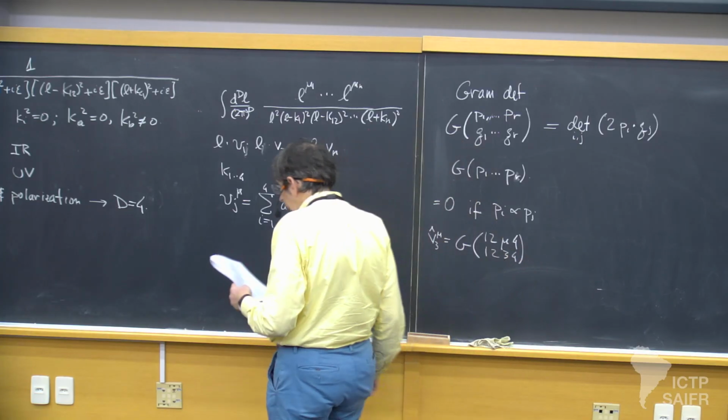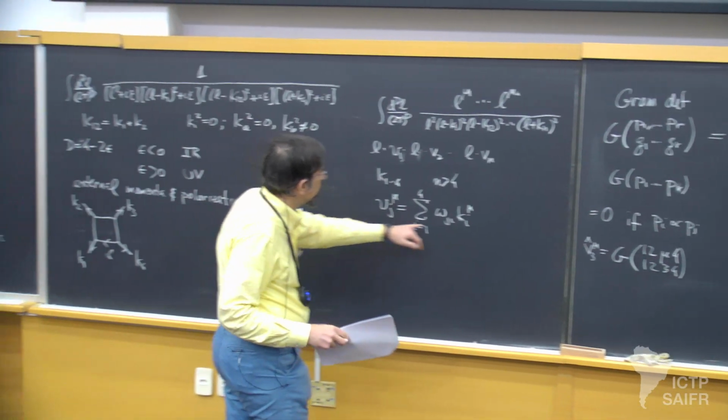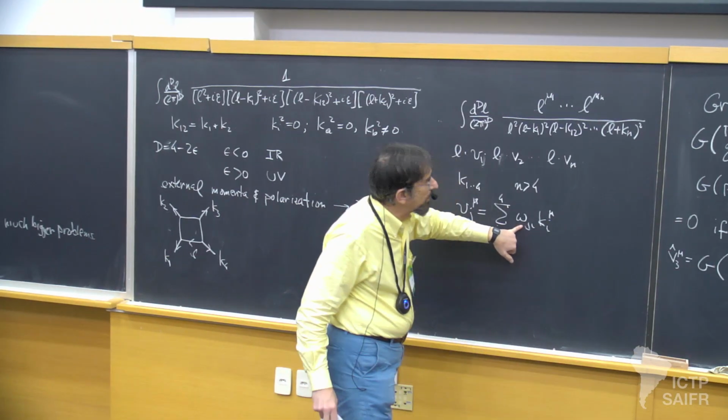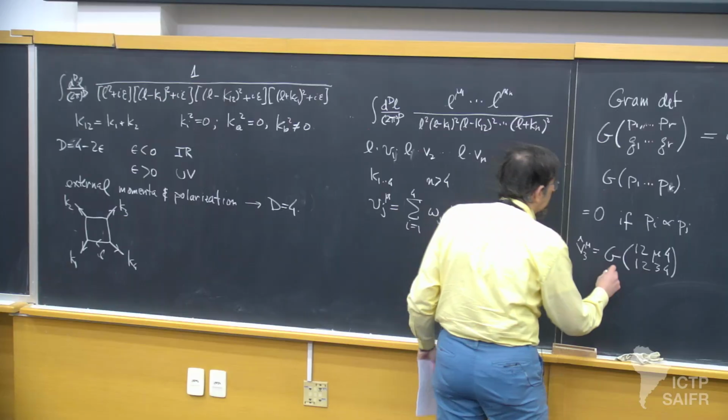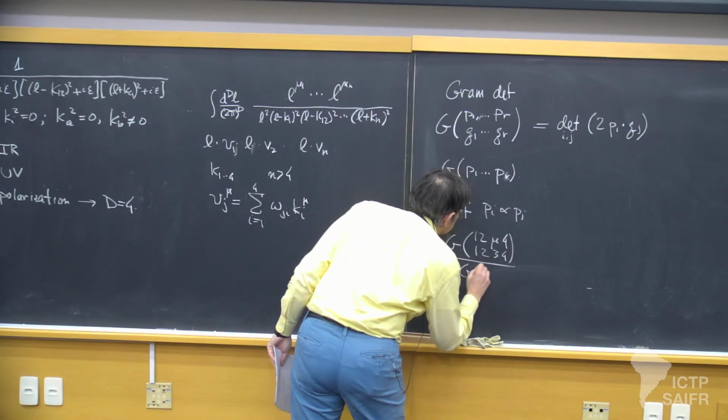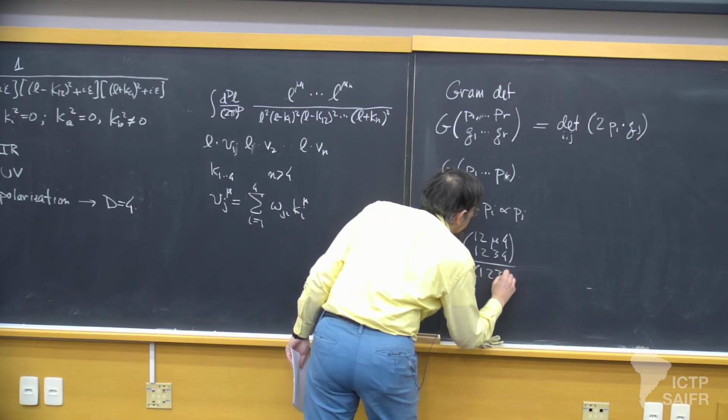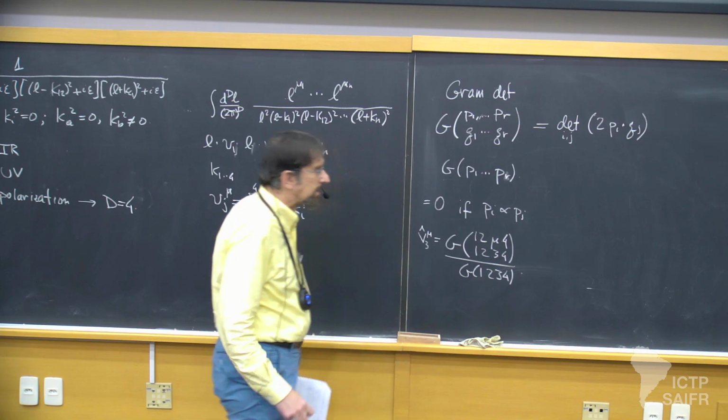And then you can write down equations for the omegas by contracting it with these dual vectors, and it's usually convenient to normalize them by the Gram determinant of your basis.